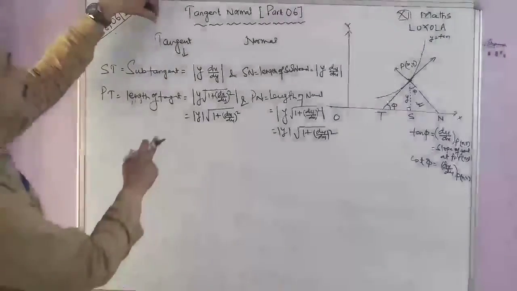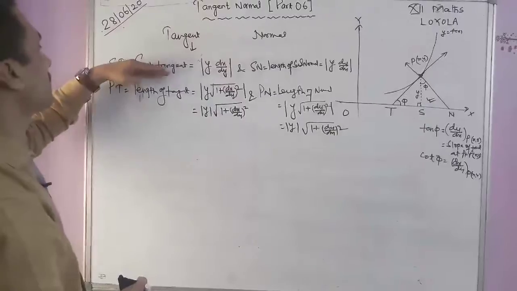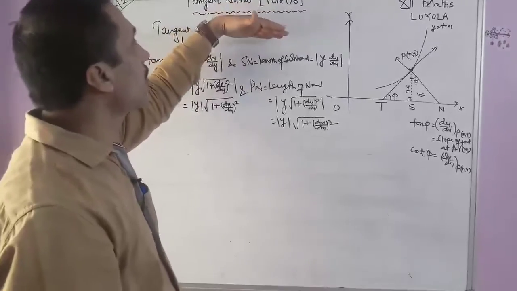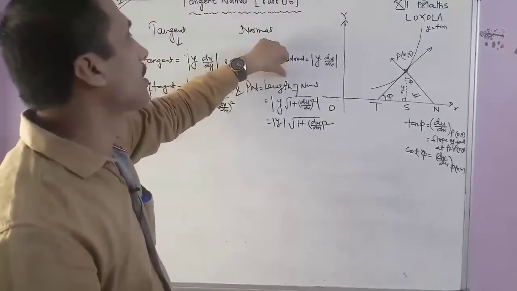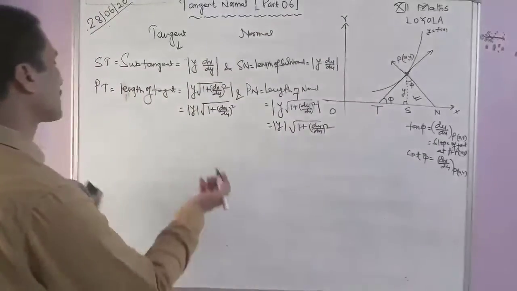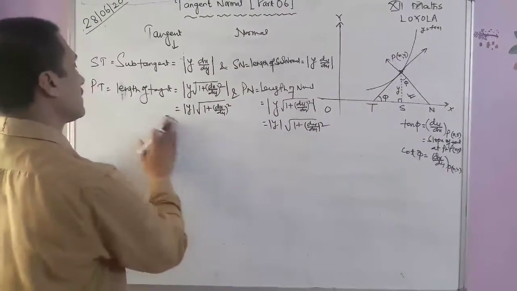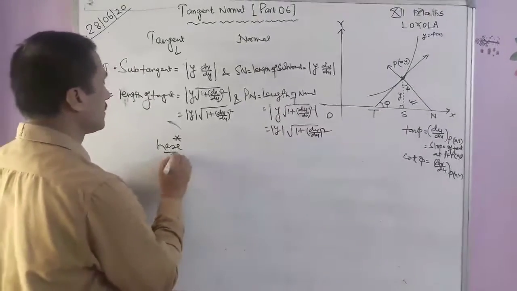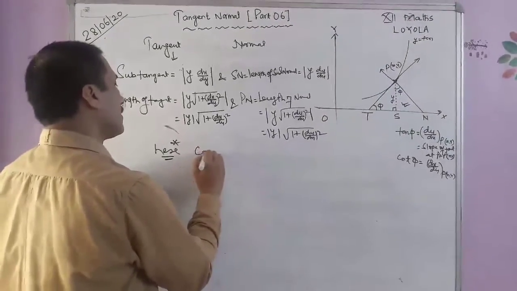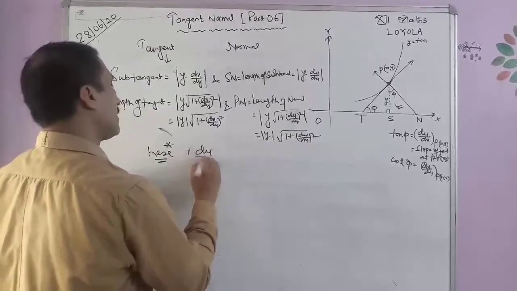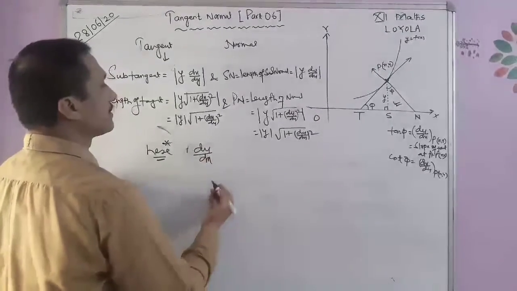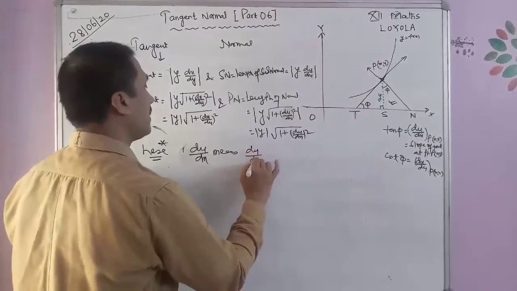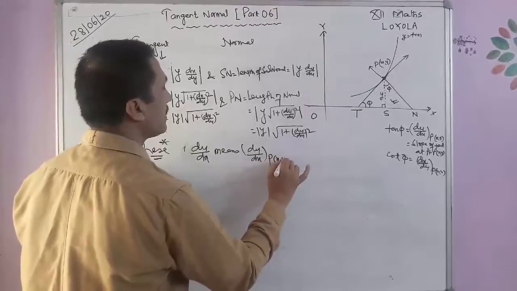Here we observe that in case of tangent, that is length of subtangent and length of tangent, we use dx by dy at point P. In case of length of subnormal and length of normal, we use dy by dx. Here the term dy by dx means dy by dx at point P(x, y).